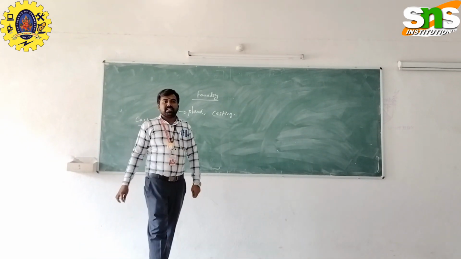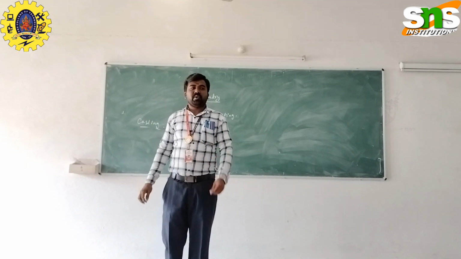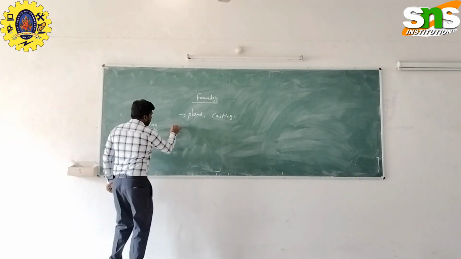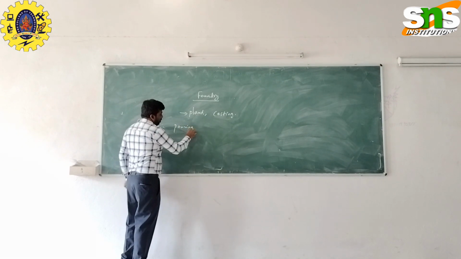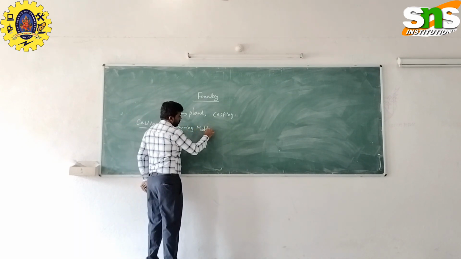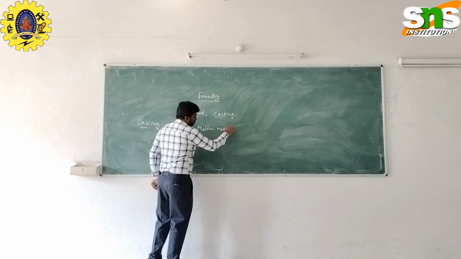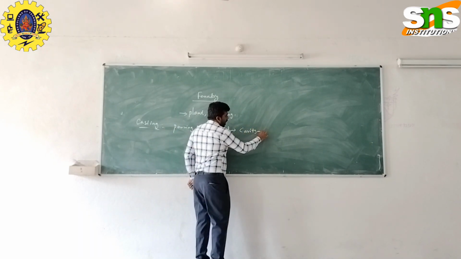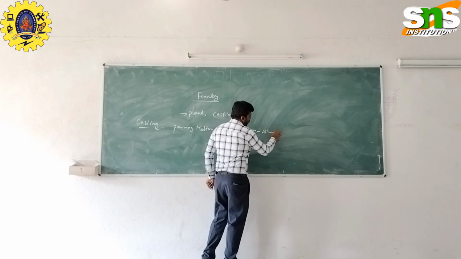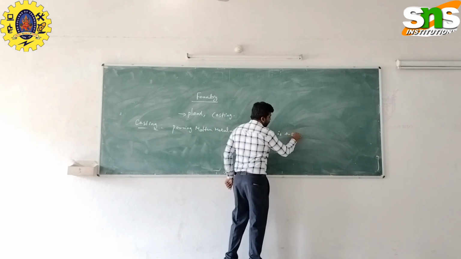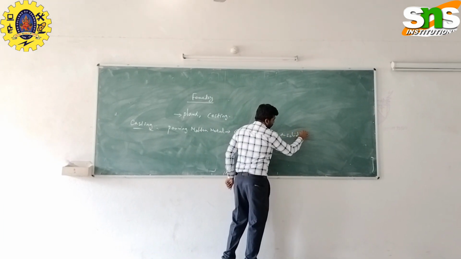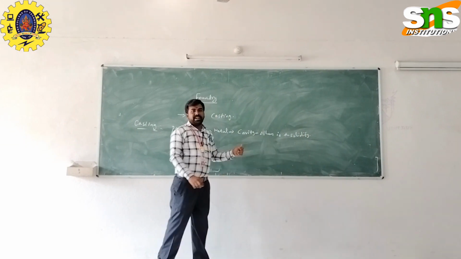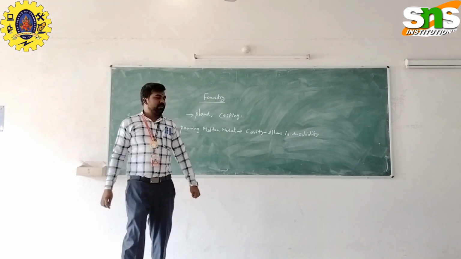Casting is the process of making a component by pouring the molten metal into the mold cavity and allowing it to solidify. This solidified component is called a casting.